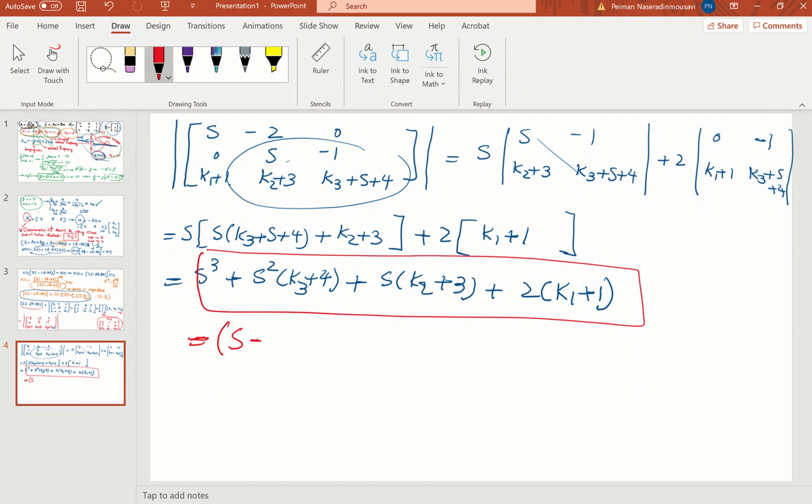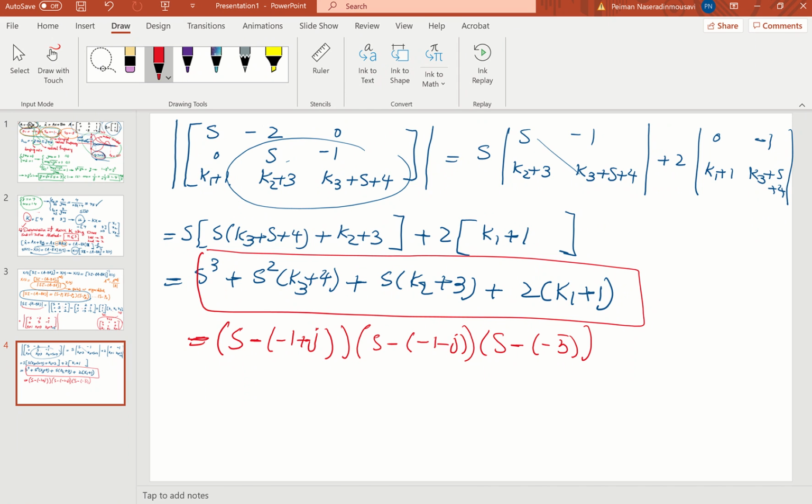Desirable poles are this: s plus 1 minus j, s plus 1 plus j, s plus 5.